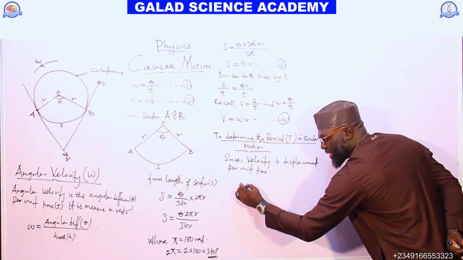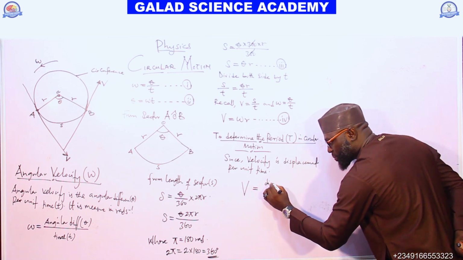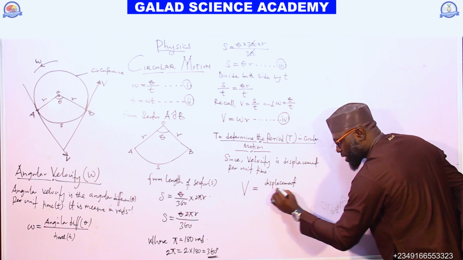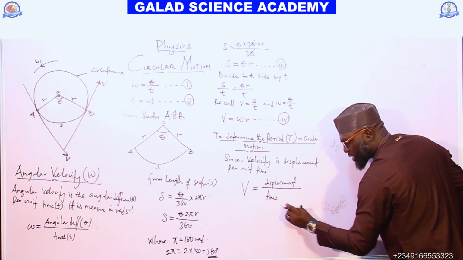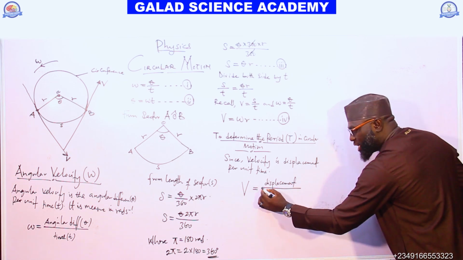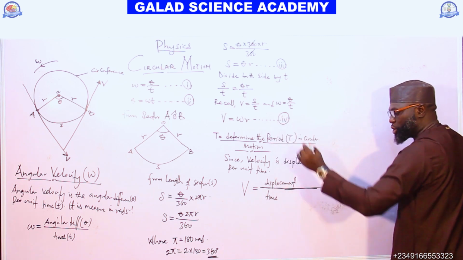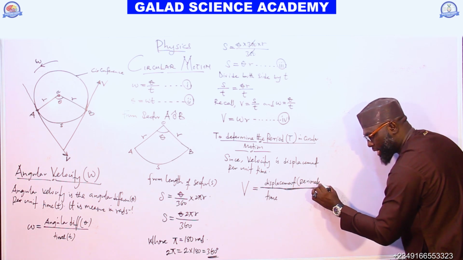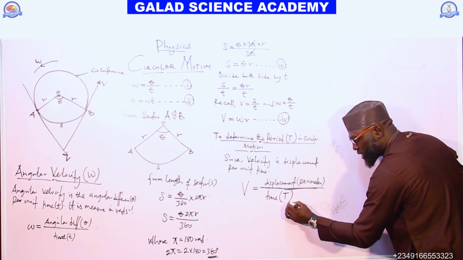And mathematically, velocity is displacement per unit time. And our displacement here in circular motion is the same thing as the perimeter of the circle, and t is this.